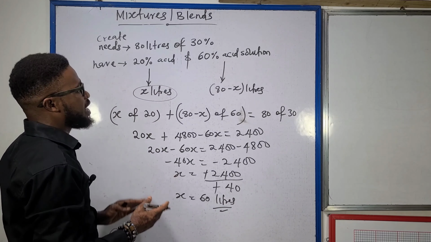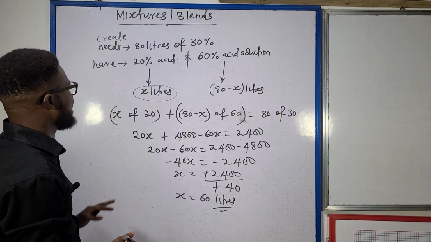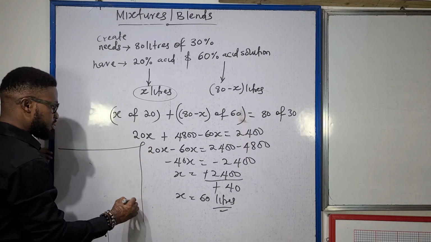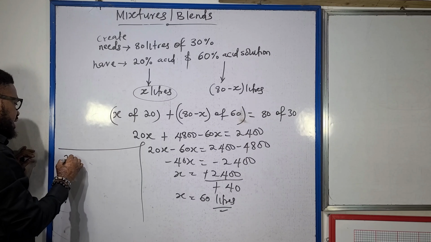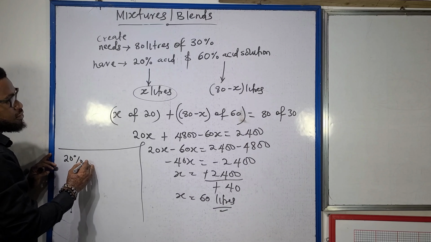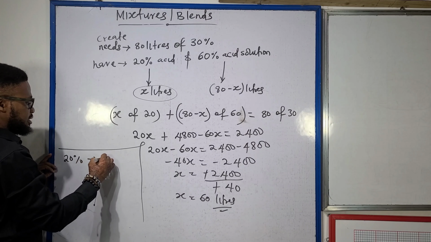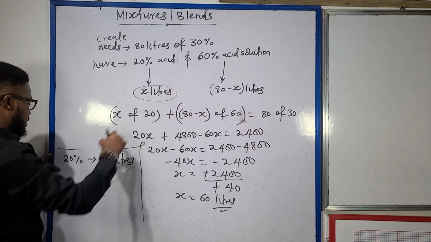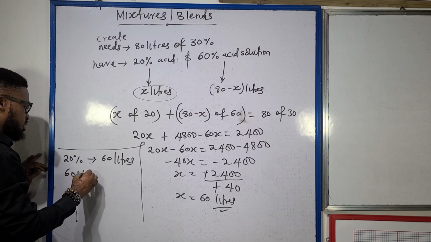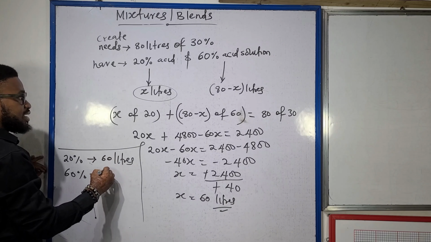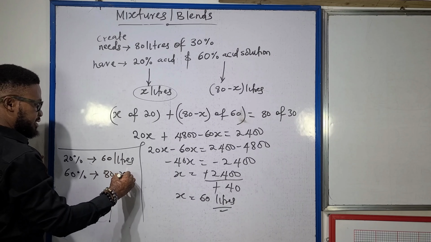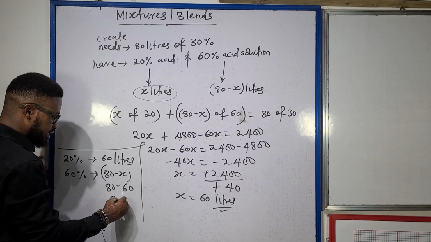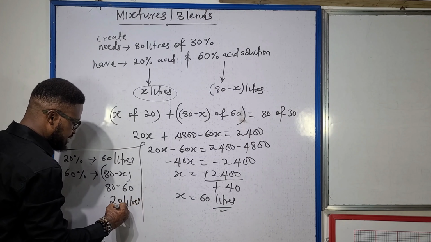The implication of that is very simple already. It simply means that for the 20% acid solution, I'll need 60 liters because that is equal to x. For the 60% acid solution, I'll need to take 80 minus x, and that is 80 minus 60, that is 20 liters.